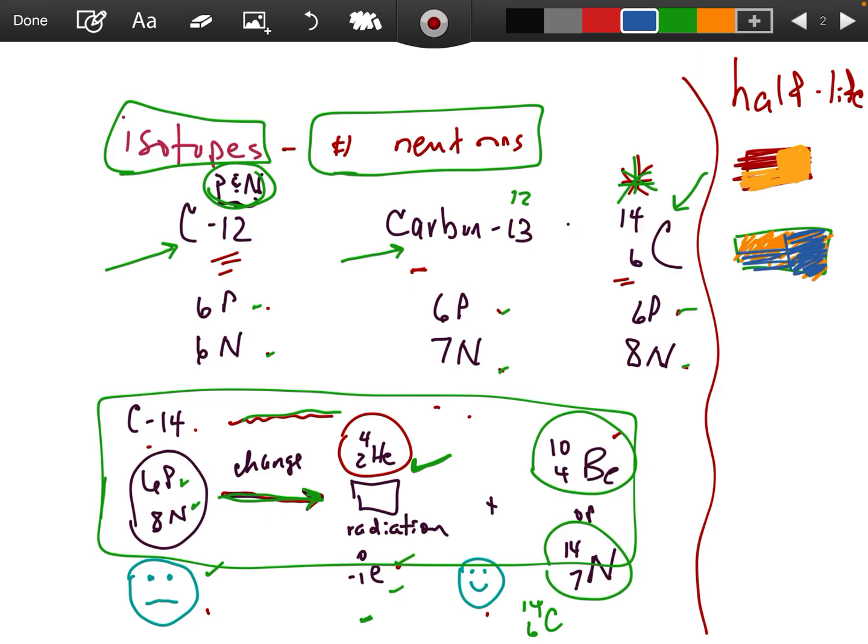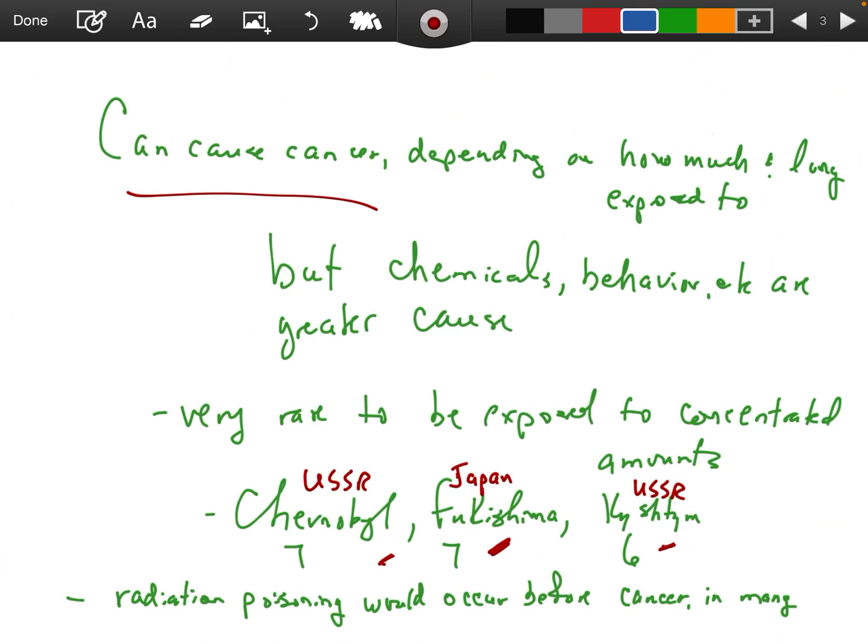Half would undergo a change, and then eventually it gets down to an amount that's not necessarily dangerous. And we use half-life calculations in lots of different things. We're not going to go into that right now. The half-life for a radioactive atom or element could be anywhere from seconds to millions of years. Depends on the element. So that's a little bit about radiation.